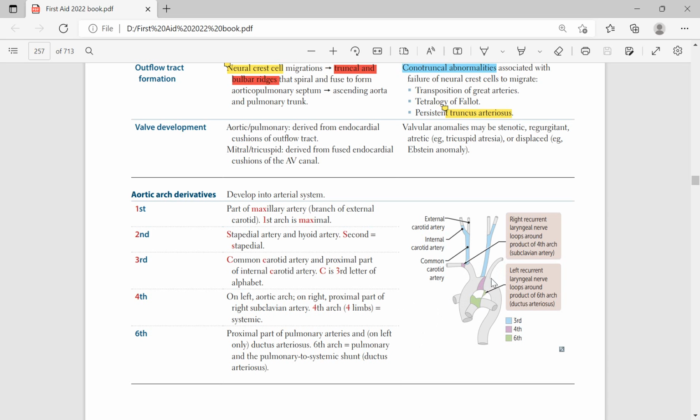We know from the aortic arch arise three structures: the brachiocephalic trunk, the left common carotid artery, and the left subclavian artery. In this case, the aortic arch comes from the fourth aortic arch on the left side, and on the right, the proximal part of the right subclavian artery.